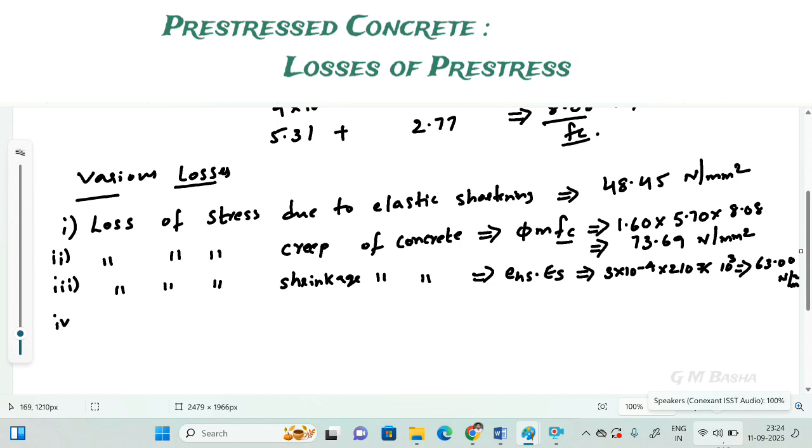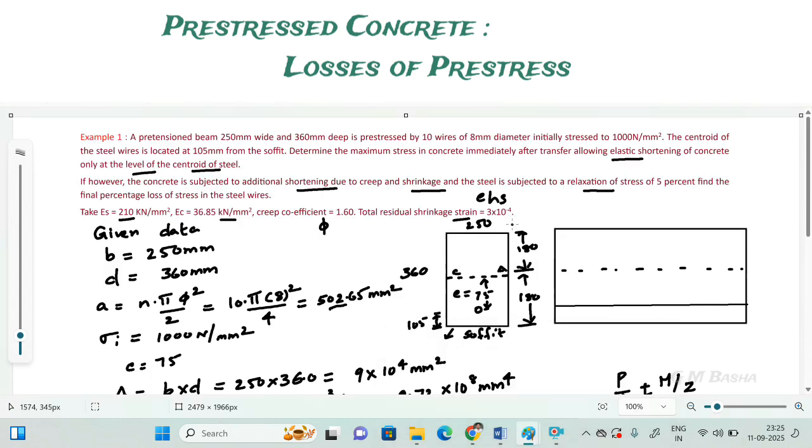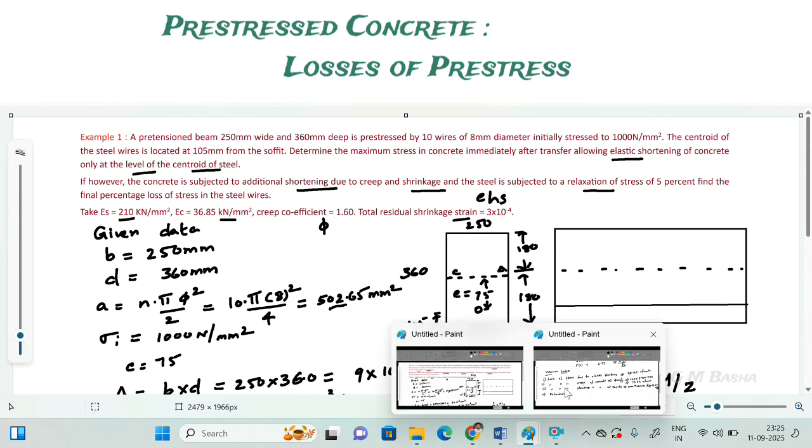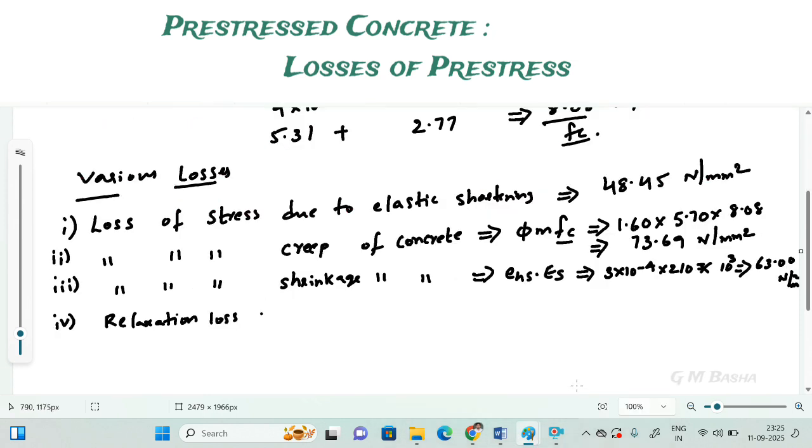And again, what is the fourth loss? Loss of stress due to relaxation. So how much relaxation loss will be given? You please take the example relaxation loss of 5%. Okay, 5 in terms of percent, percent in the sense 5 divided by 100. 5% of the initial stress.